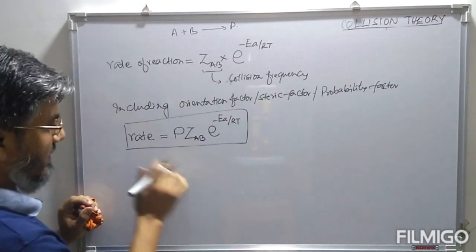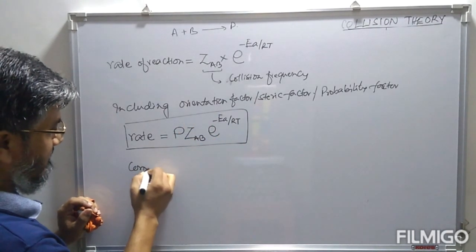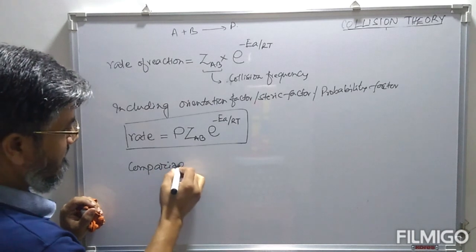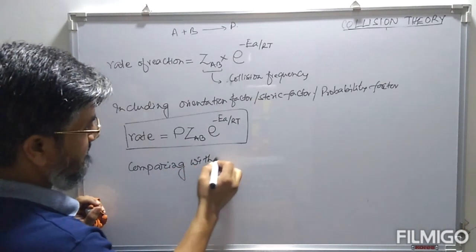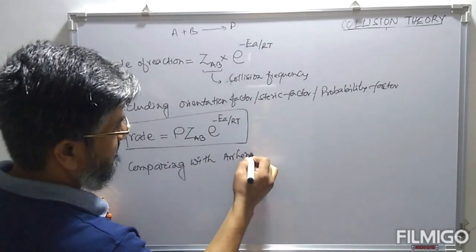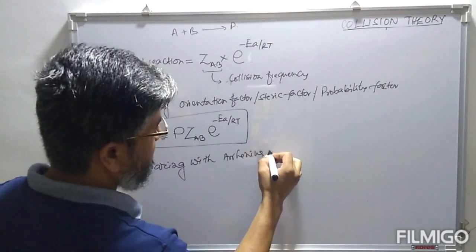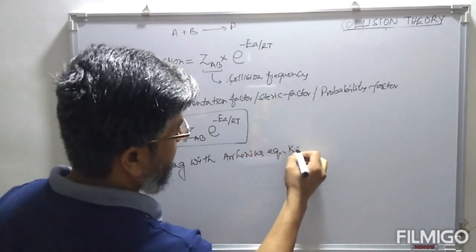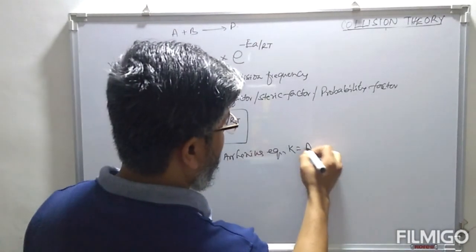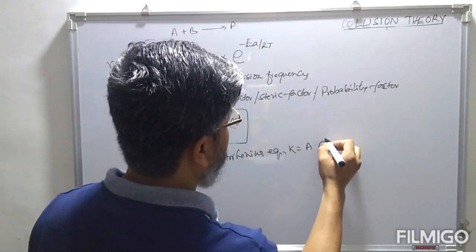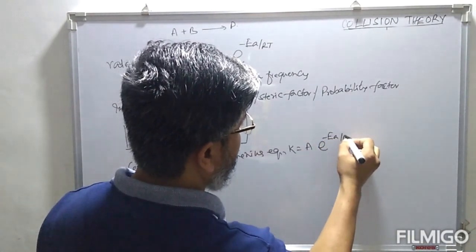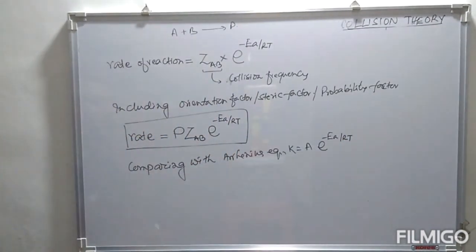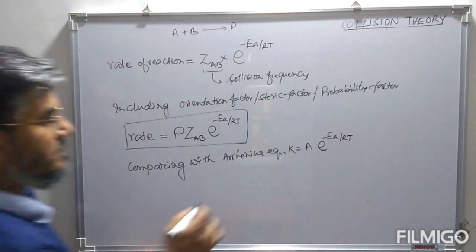Comparing this equation with Arrhenius equation, Arrhenius equation K is equals to A exponential minus EA by RT. So we have this.